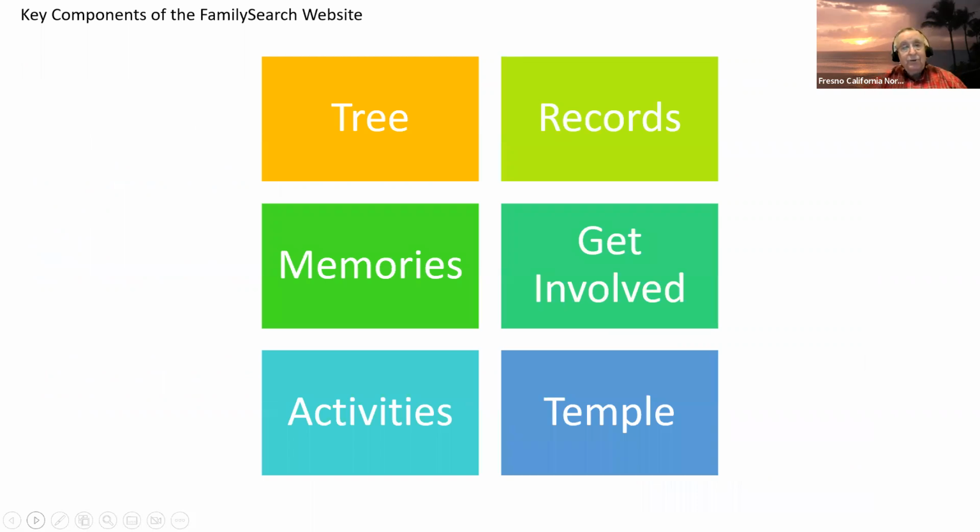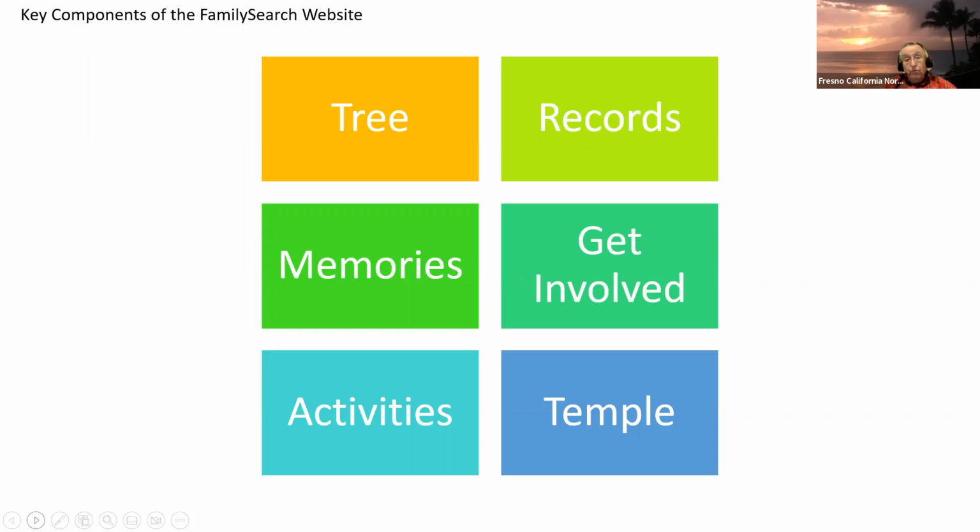Okay, the parts of the website, the main features of FamilySearch are the tree, which is something we focus on, and the records, which help us by providing us with the things that we make into sources to verify our people and tree and to find new people. The Memories program, which is a fantastic program for preserving your pictures and your documents and your stories and your audio files.